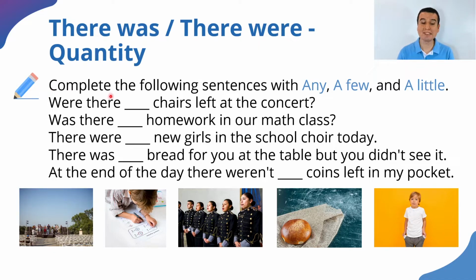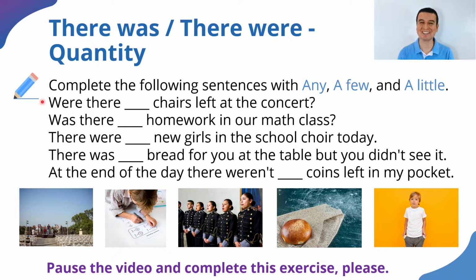Complete the following sentences with any, a few, or a little. Remember, any we use for questions and negations. A few, we use it for things that we can count, and a little for things that we can't count. All right? Think about the answers for a moment, and I will show them to you in a moment. Practice, pause the video, and complete the practice activity, please.